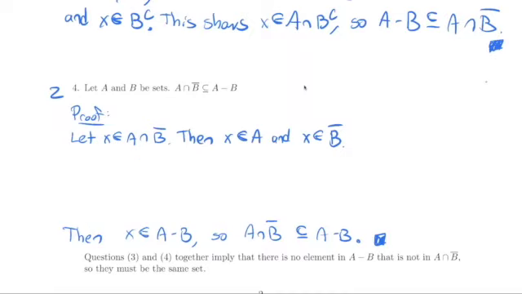I think she's asking if we need to say that it is the definition after stating it. Like, do you need to say that by definition, if X is in B complement, that means it's not in B? I see. No. Yeah.